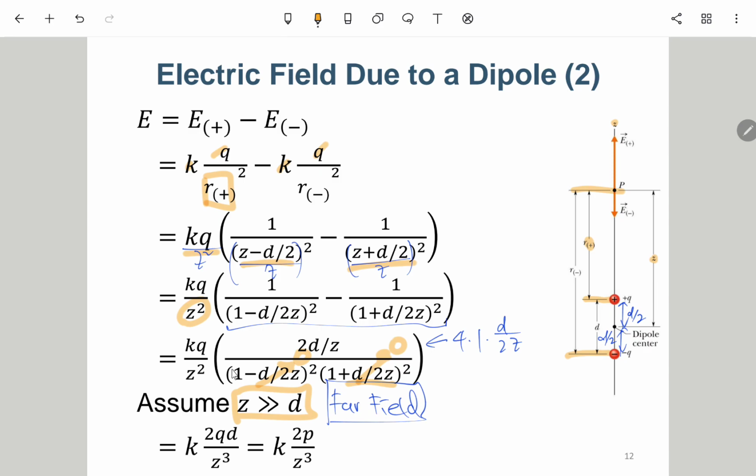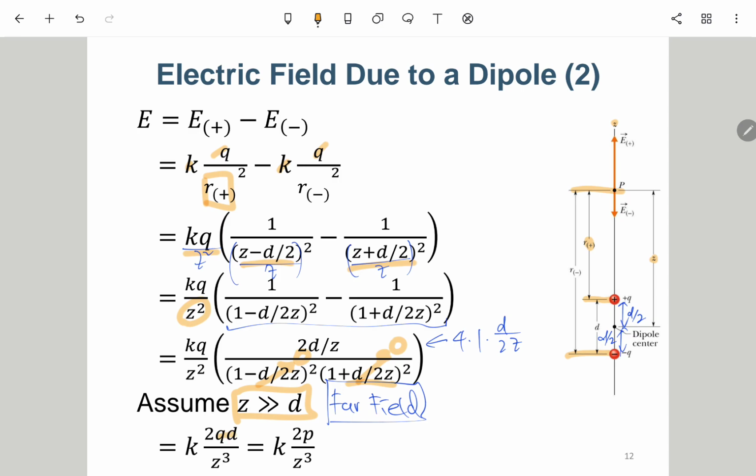In that case, with z much larger than d, the final answer will be k times 2qd, and then this z merged with z squared gives z cubed. So finally we have k times 2qd over z cubed.